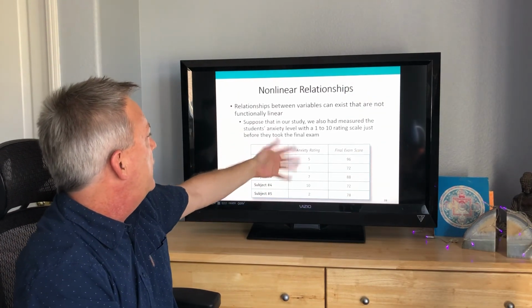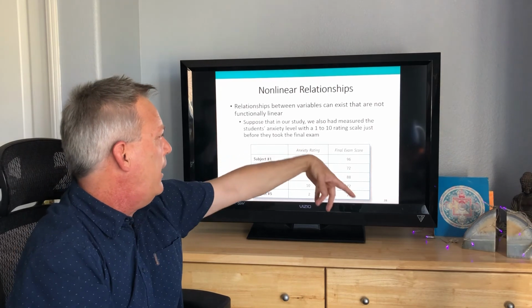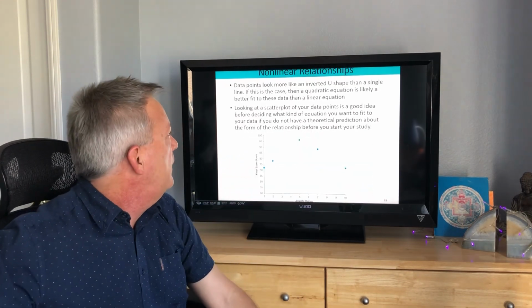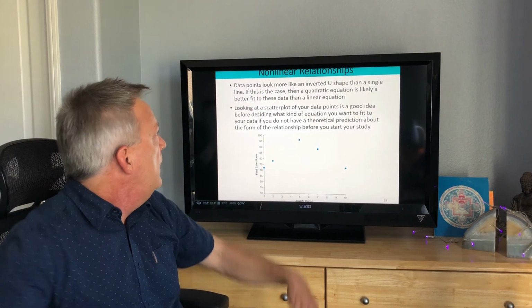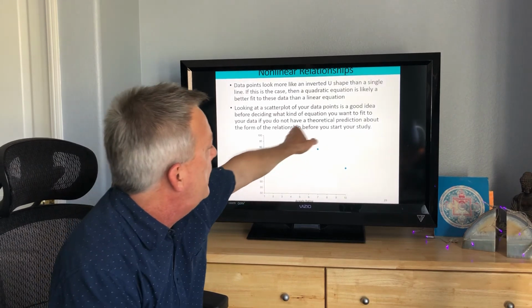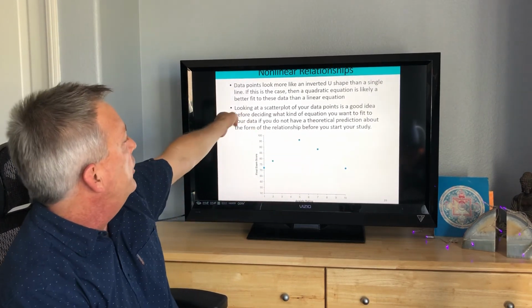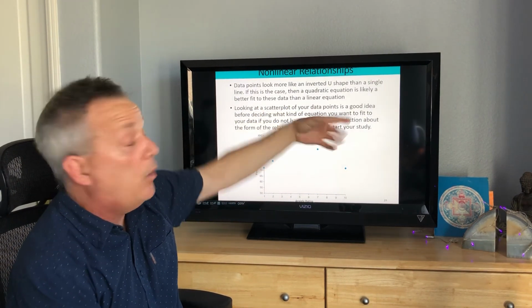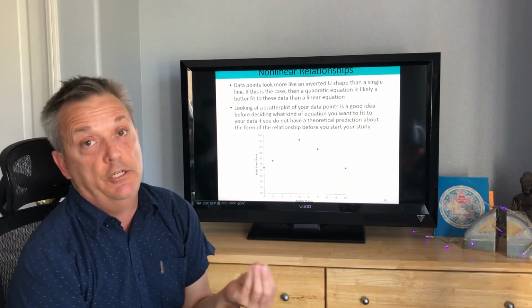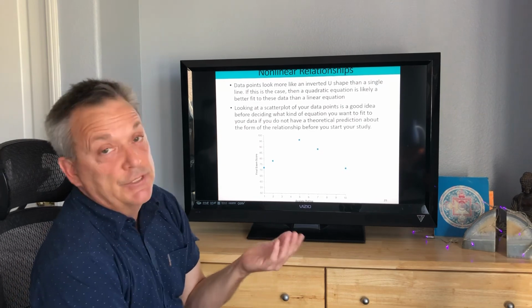Suppose in our study we had measured the students' anxiety level with a 1 to 10 rating just before they took the final exam. You get those scores right there. They give the example, and as you can see, the data points look more like an inverted U shape or an upside down parabola than a single line. If this is the case, then a quadratic equation is likely a better fit to these data than a linear equation, which you'd study in college algebra.